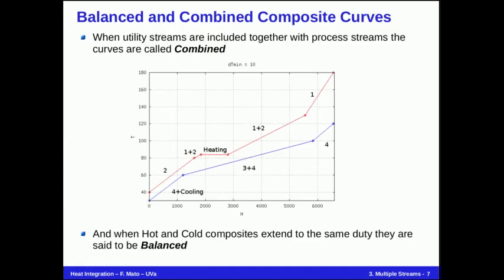To finish the lesson, you must know that sometimes we include utilities and process streams in the same composite curve. Here we are combining the process streams 1 and 2 with the heating utility. This is a combined composite curve.